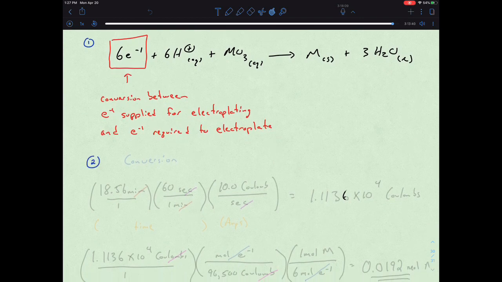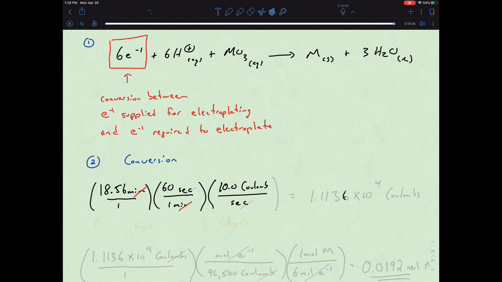Step 2, now this really just is a type of conversion. We could start with maybe our time. We start with the 18.56 minutes, and we want to get that in terms of seconds. So we can apply now the current, the amps, to the time. So we get out of our units of minutes, get into seconds, and now we apply the 10.0 coulombs per second.